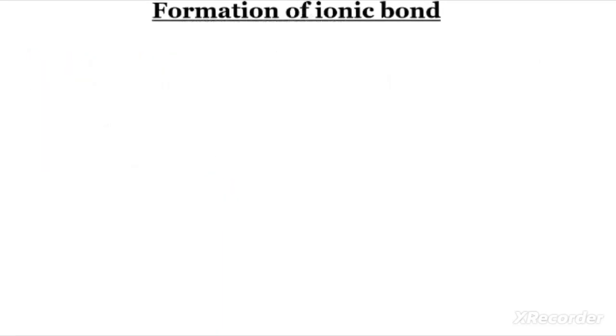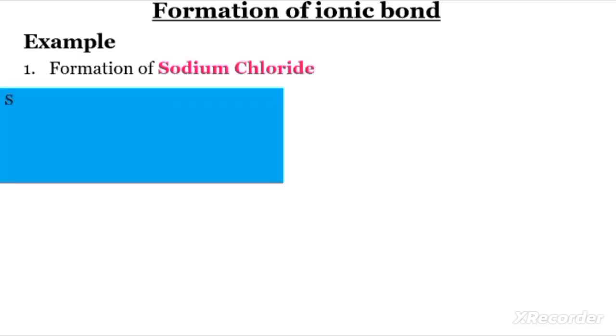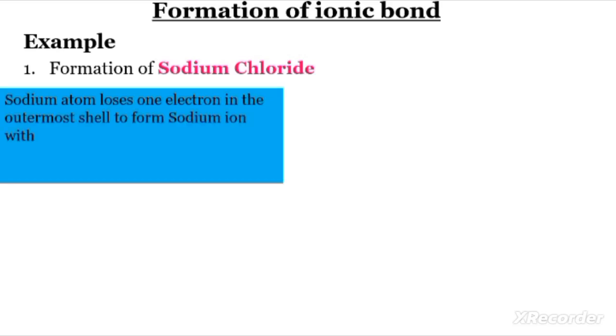The next thing that we are going to look at is the formation of ionic bonds. For example, the formation of sodium chloride. A sodium atom loses one electron from its outermost shell to form a sodium ion with a positive charge.